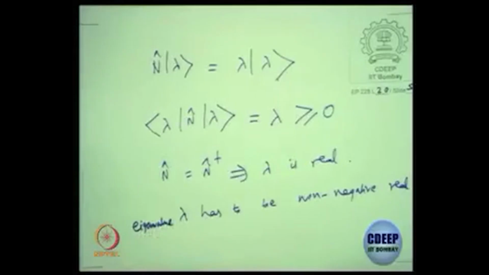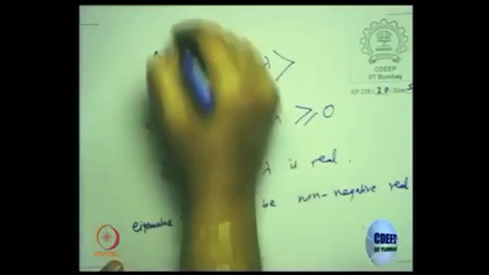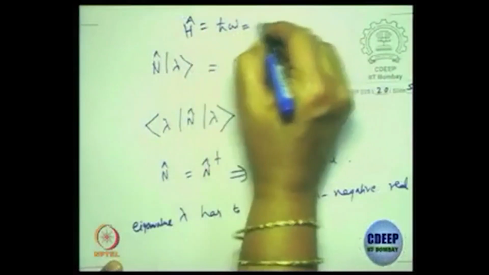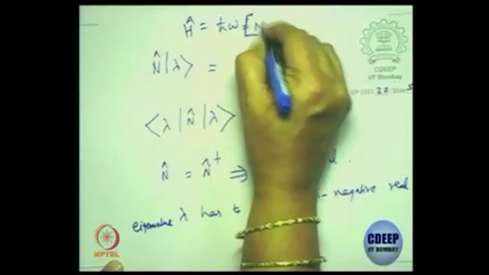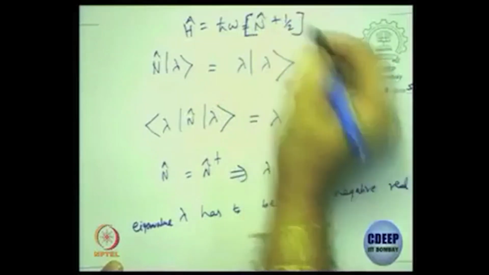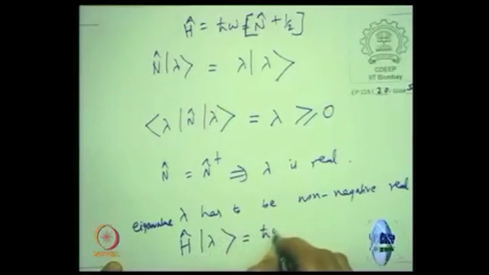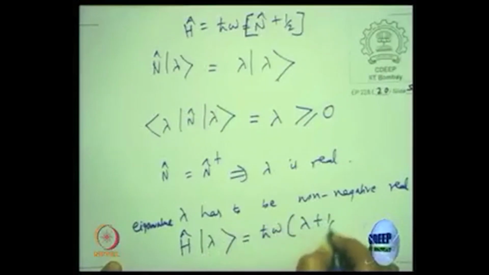Is this clear? Now on top of it, we also say that the Hamiltonian is h cross omega times n hat plus half, right? So therefore, Hamiltonian on lambda will give you h cross omega times lambda plus half.